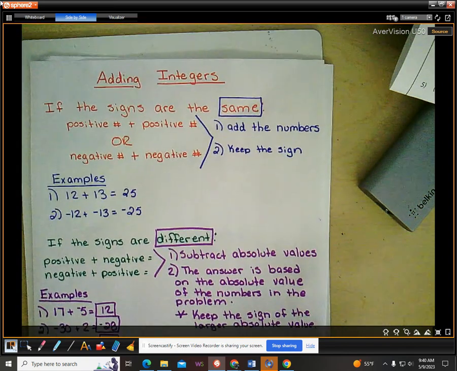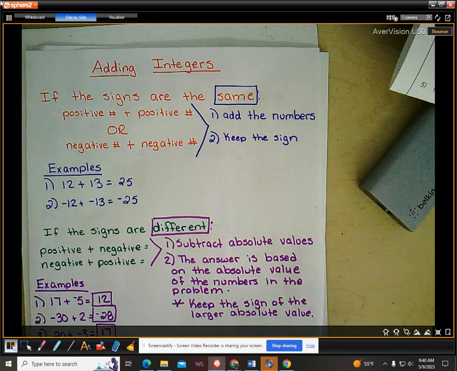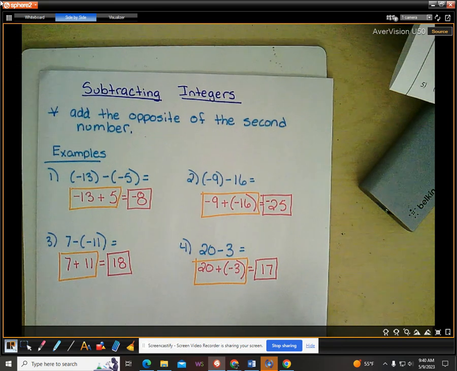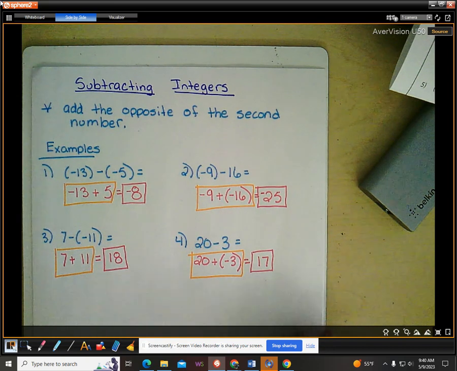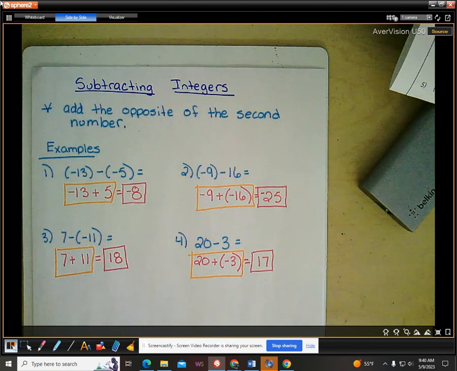You will always refer back to these adding integer notes. So make sure you have them written down in your notebook where you can access them and use them, because we will never actually subtract integers. When it is a subtraction problem, you always add the opposite of the second number.